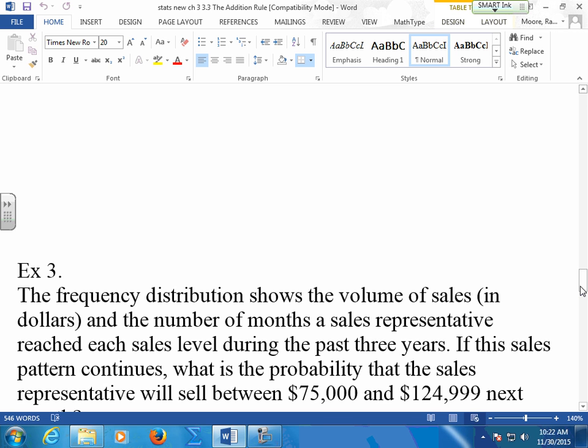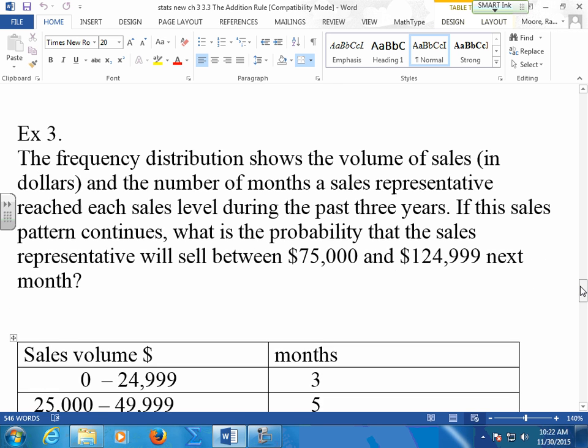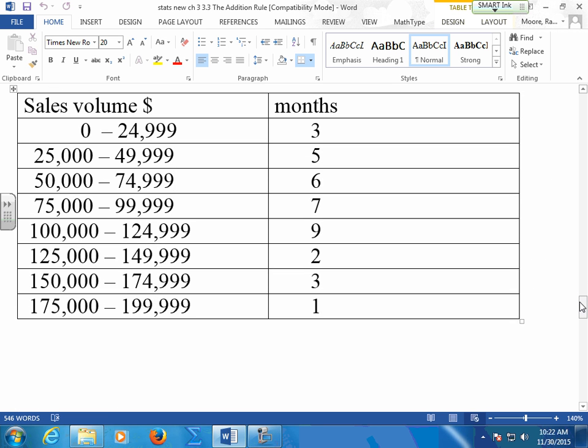So we want to go between 75,000 and 124.99. So we want to take these guys and add them up and put them where? So I get 16, I get 18. So is 18 my answer? It's a probability.